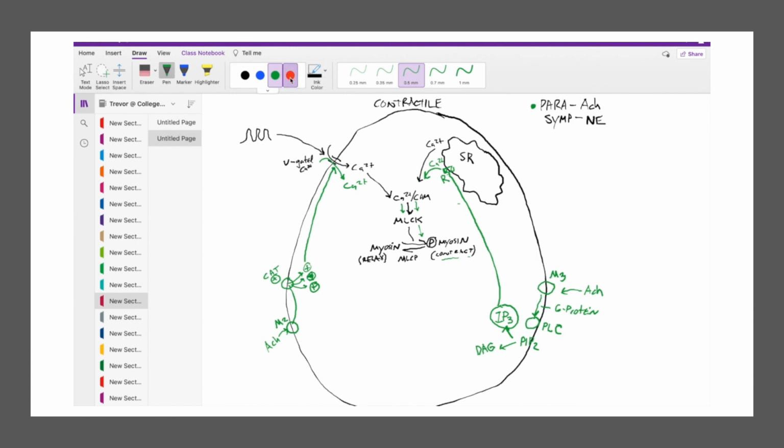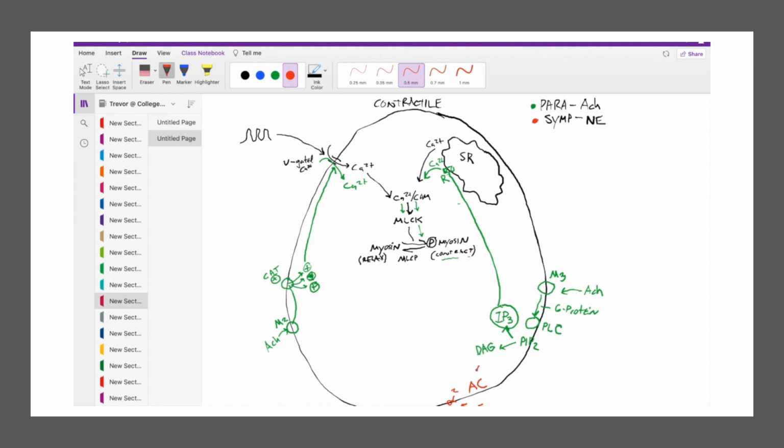We'll finish up then by looking at sympathetic innervation effects on contractile activity via norepinephrine. So down here, I am going to draw an alpha-2 receptor. So norepinephrine will come along and bind that alpha-2 adrenergic receptor, and that's going to activate adenylyl cyclase.